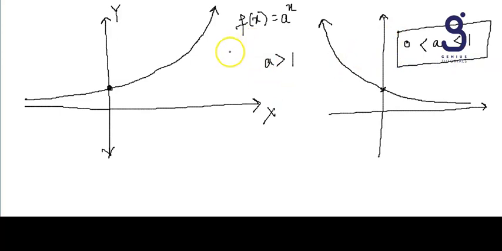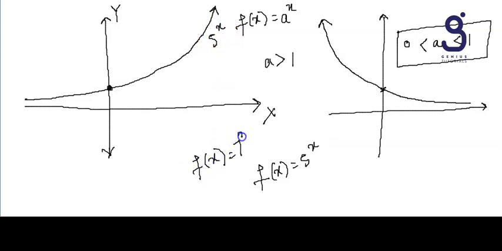So suppose I say f(x) = 5^x. We can say that this is the graph for f(x) = 5^x. Now at the same time, if I need to draw a graph of f(x) = 7^x, this point is (0, 1).